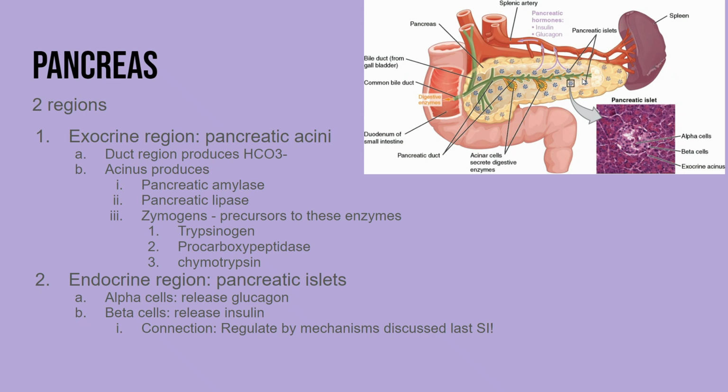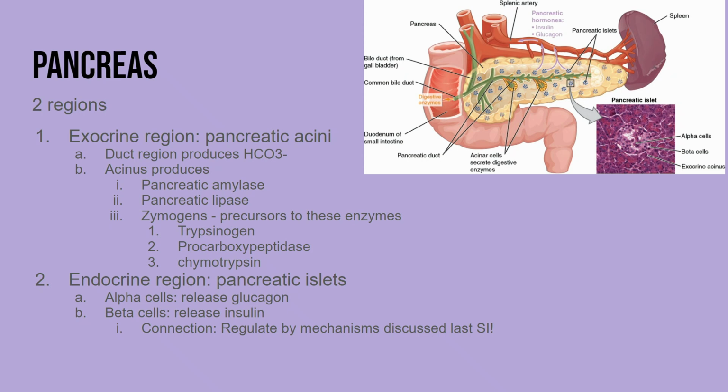So this is where the alpha and beta cells are. Alpha cells release glucagon, and the beta cells release insulin. So insulin is released in response to high blood glucose. Glucagon is released in response to low blood glucose.